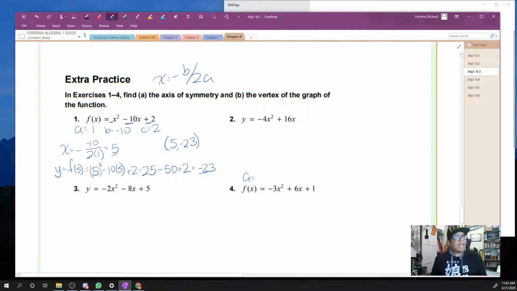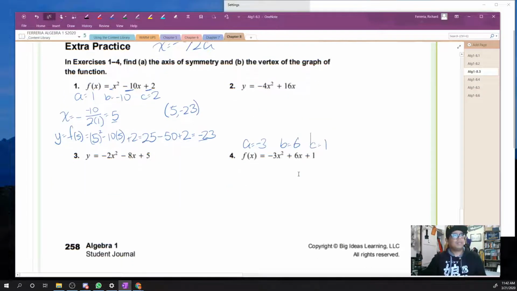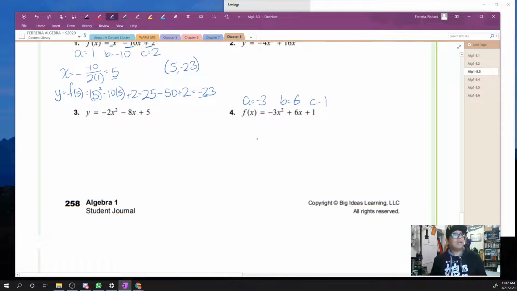I don't know. A is negative 3. B is 6. C is 1. Let's give ourselves some room. All right. Axis of symmetry.